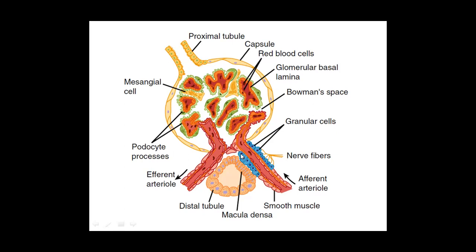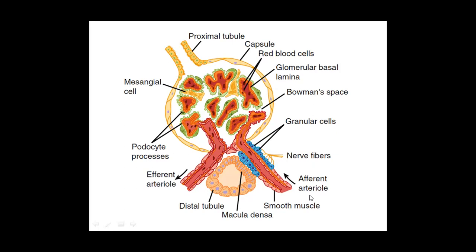Granules are basically cytoplasmic vesicles. So these cells are known as granular cells because they apparently look like granules. These cells are known as macula densa, and the whole thing is known as the JG apparatus.